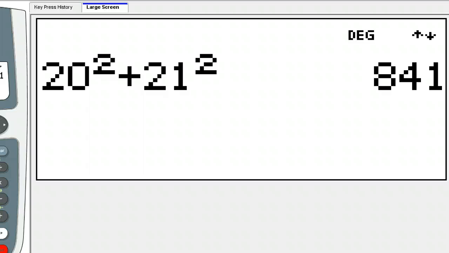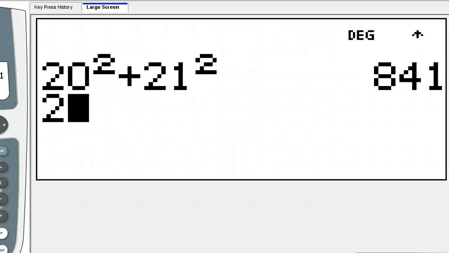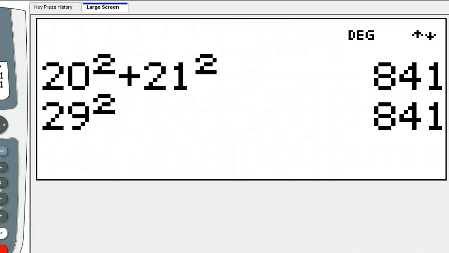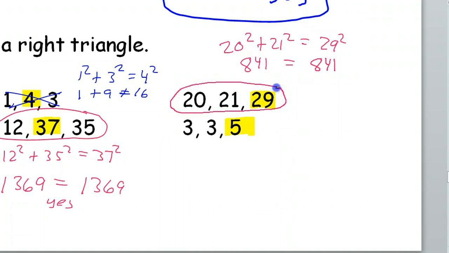That's 841. Now how about 29 squared? Also 841. Another winner. So those are equal, so that makes this a right triangle.